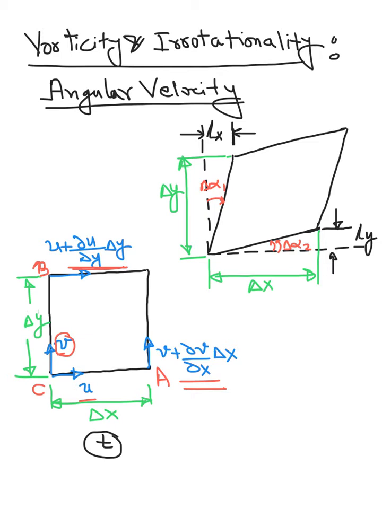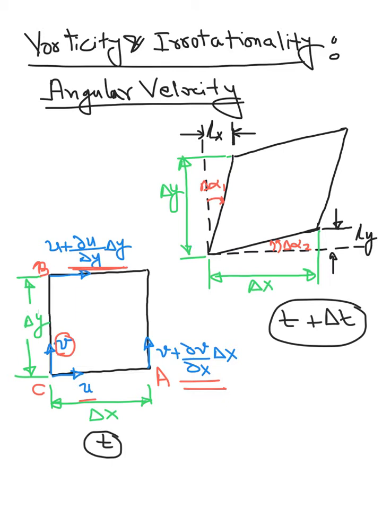Now I would like to see, after some period of time, what happened to that element. This element has undergone some deformation, and at time t plus delta t, here is the deformed geometry of that fluid element.